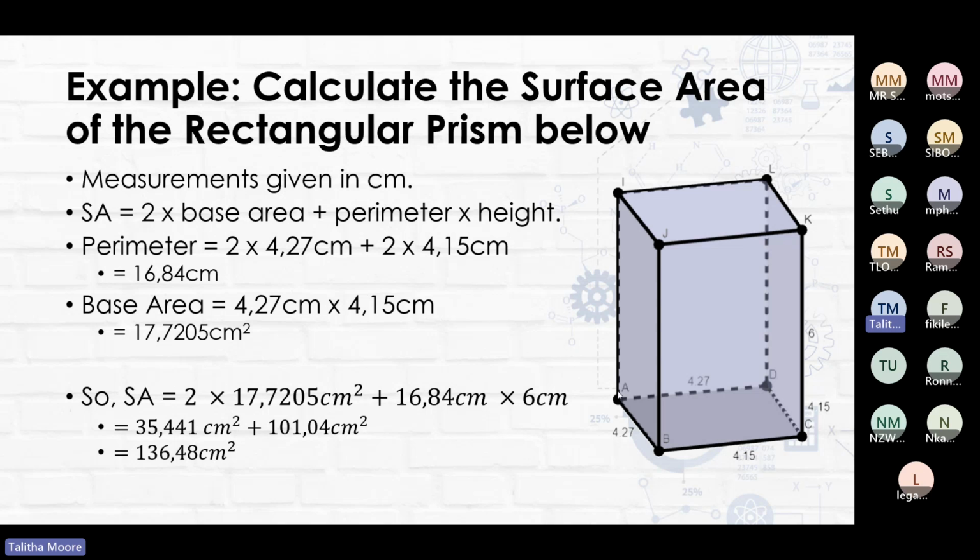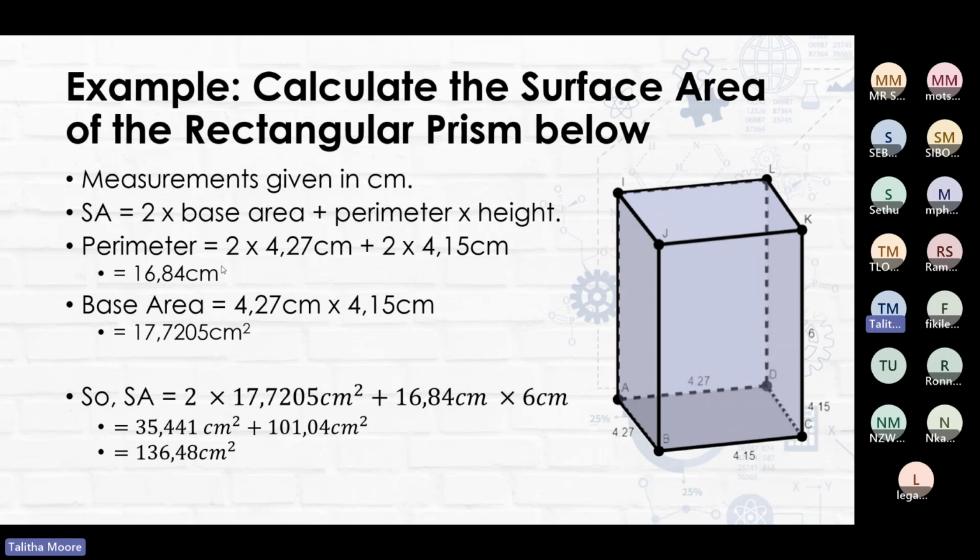Then the base area is 4.27 times 4.15. It's a rectangle. So we've got 17.7205 centimeters squared. So to get the surface area, we say 2 times 17.7205 centimeters. We use all the units for accuracy, and we round off on the last step.